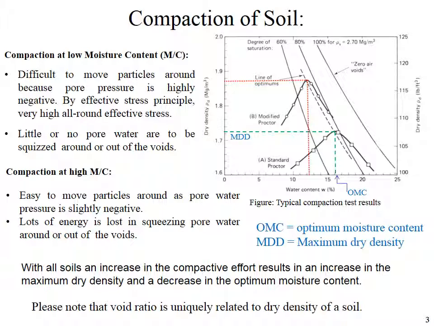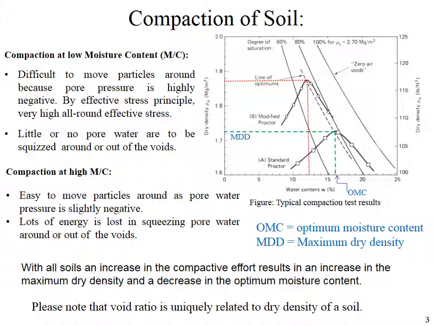This is the typical compaction test results. From the figure we can see that for a standard Proctor test, the optimum moisture content is around 16% and corresponding maximum dry density is around 1.73 megagram per meter cube.